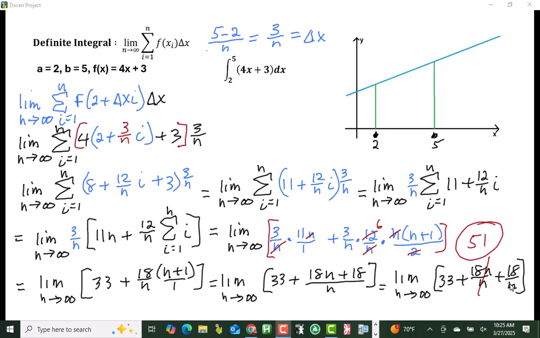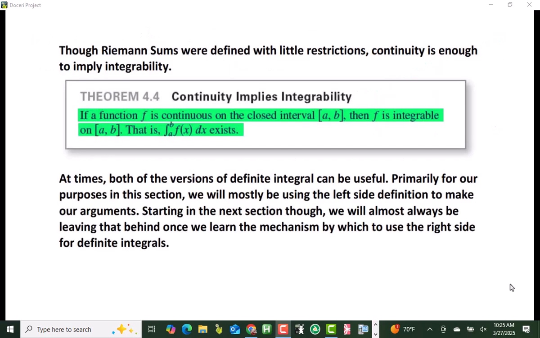Okay, let's keep going. A little bit of reading to do. This, in a nutshell, is saying if a function's continuous, we can integrate it. That's a general rule. If a function's continuous on a closed interval, we can integrate it. And it's giving us a little warning down here.